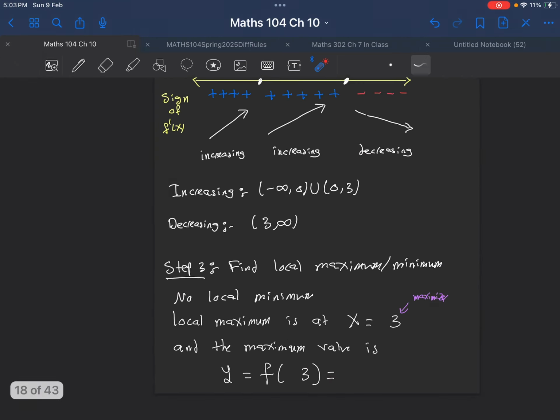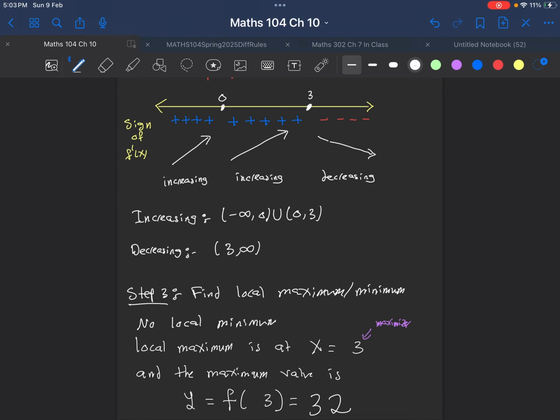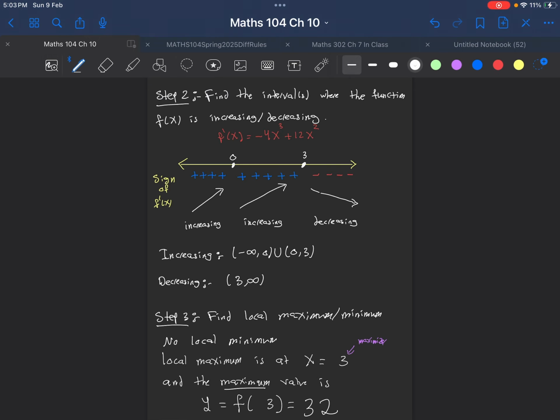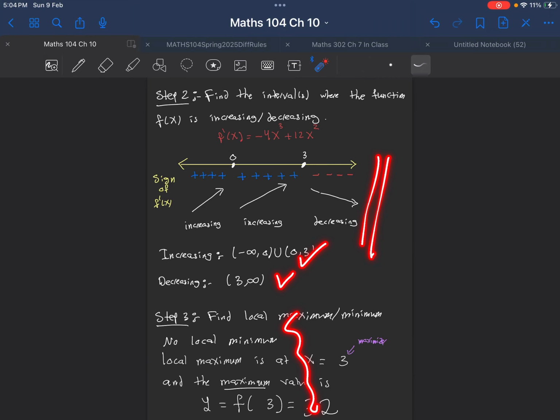It will be 32. So here will be just 32. And that's the local maximum value. So always this table, this interval, will help me to find increasing, decreasing, as well as maximum, minimum.